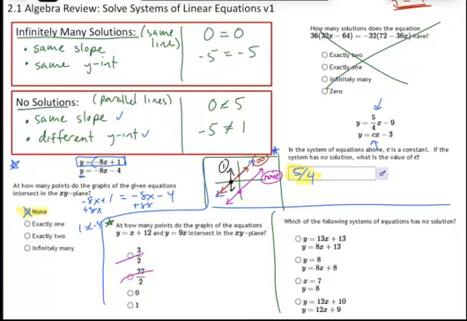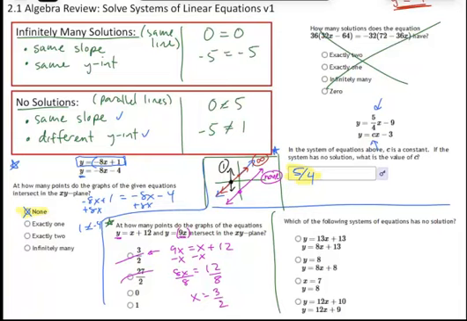So when you look at this, if you did solve this, which I assume you guys solved by substituting, you took this expression for y and plugged it in here, giving you 9x is equal to x plus 12. Subtract x from both sides, you get 8x is equal to 12. Divide by 8, you get x is equal to 3/2.